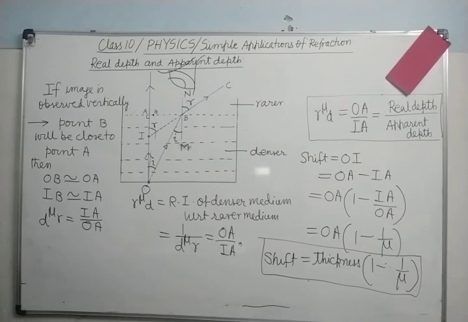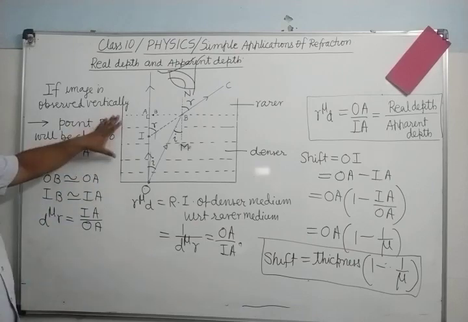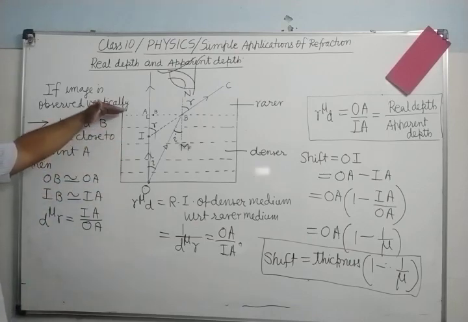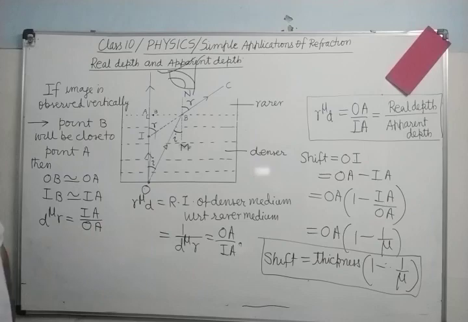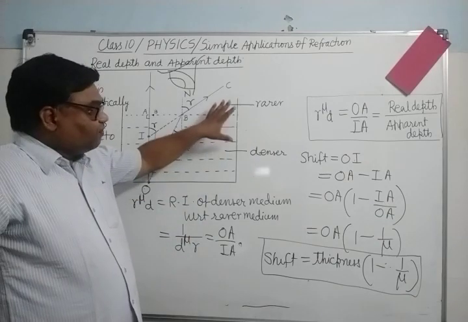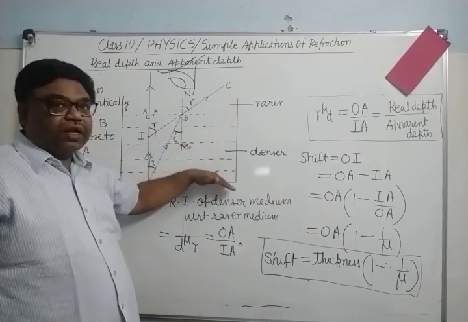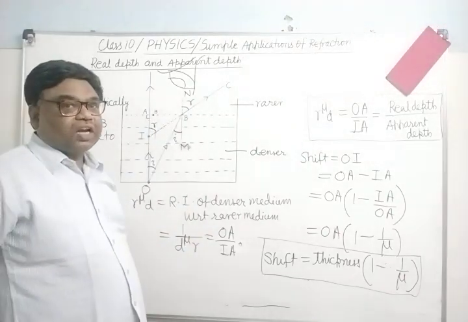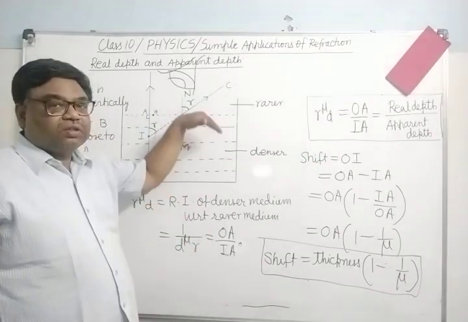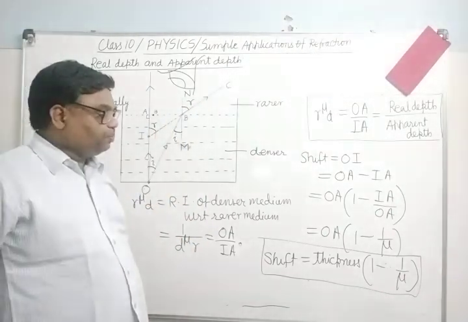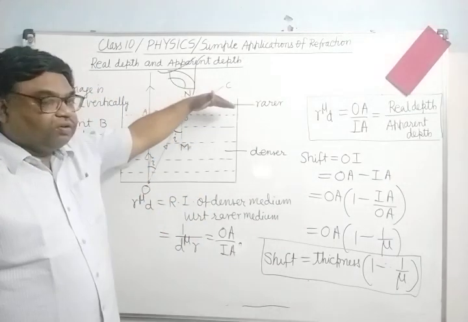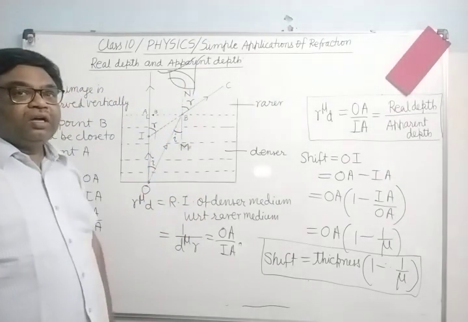What are the factors on which the shift depends? It depends upon the thickness. It's clear? Means up to which height this liquid is filled. This may be a glass slab also. What is the thickness of the glass slab, or what is the height up to which the liquid is filled? More the thickness, more will be the shift.